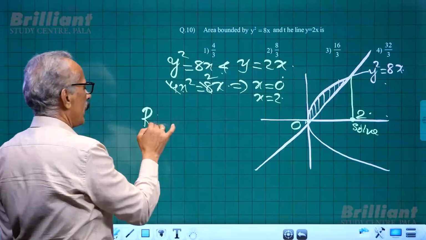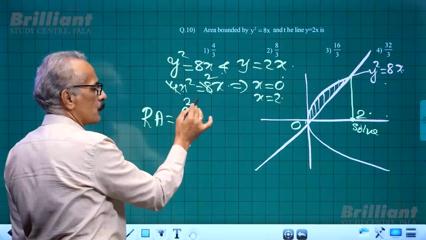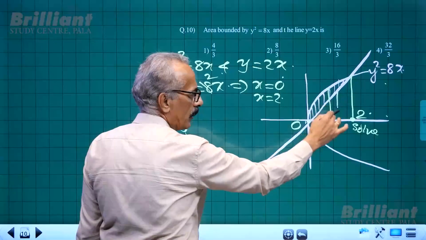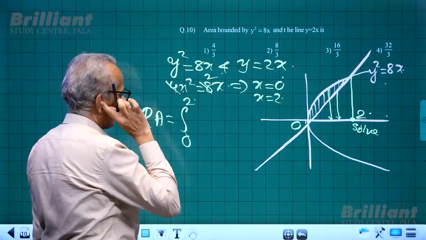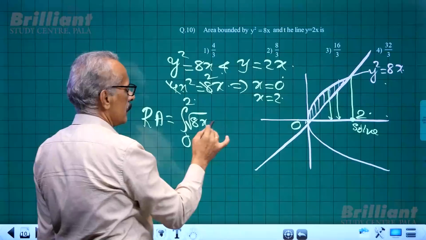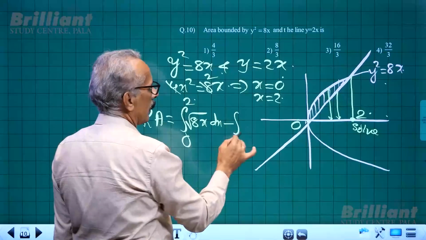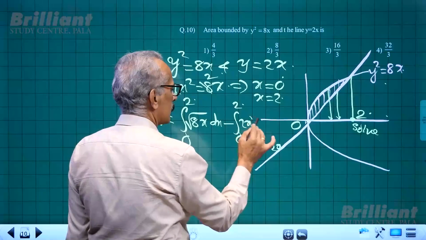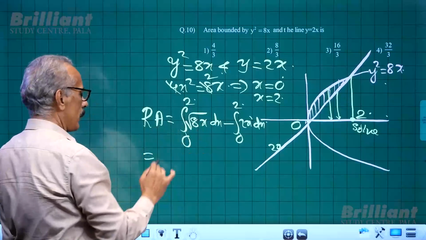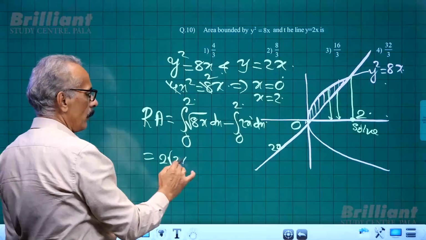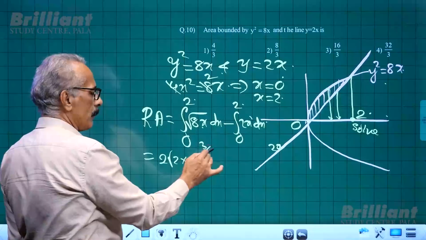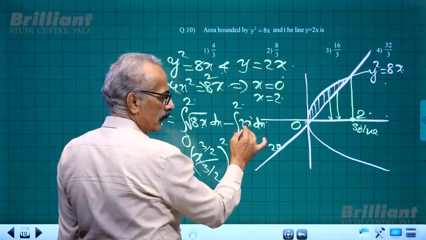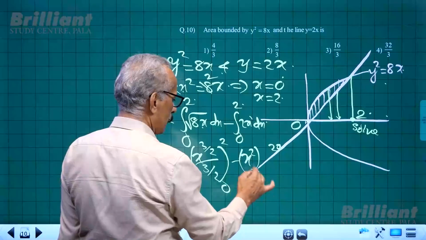What's the area? The required area is equal to the integral from 0 to 2 of y of the parabola minus y of the straight line. What's y of the parabola? Root over 8x dx, minus the integral from 0 to 2 of 2x dx. You calculate. Root 8 outside, that is 2 root 2, into root x. The integral means x raised to 3 by 2 divided by 3 by 2, within the limit 0 to 2, minus x square within the limit 0 to 2.